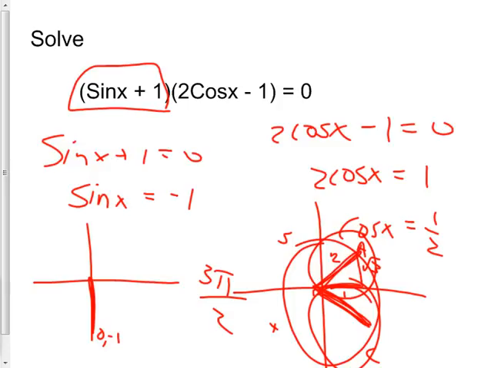It's a 60. So it's 60 degrees, and the other one would be 360 minus 60, which would be 300 degrees. If you did that in radians, you would have said 60, which is pi over 3, and then 5 times that, which would be 5 pi over 3. Raise your hand if you had that one right. All right, good.